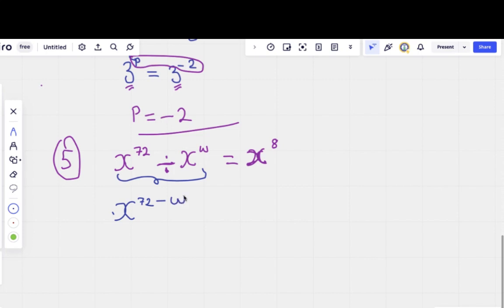You see what I've done? Because the bases are the same, they both have base x, you write it once. Because it's division, you just say 72 minus w. Do you get that?